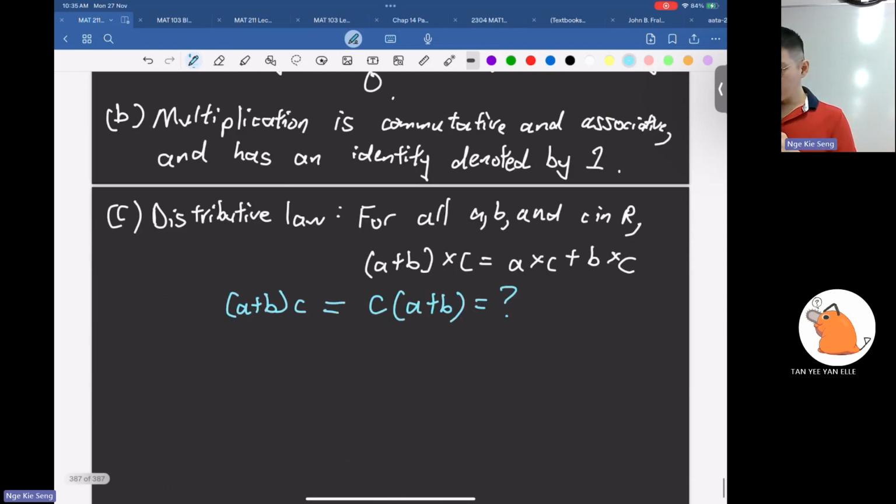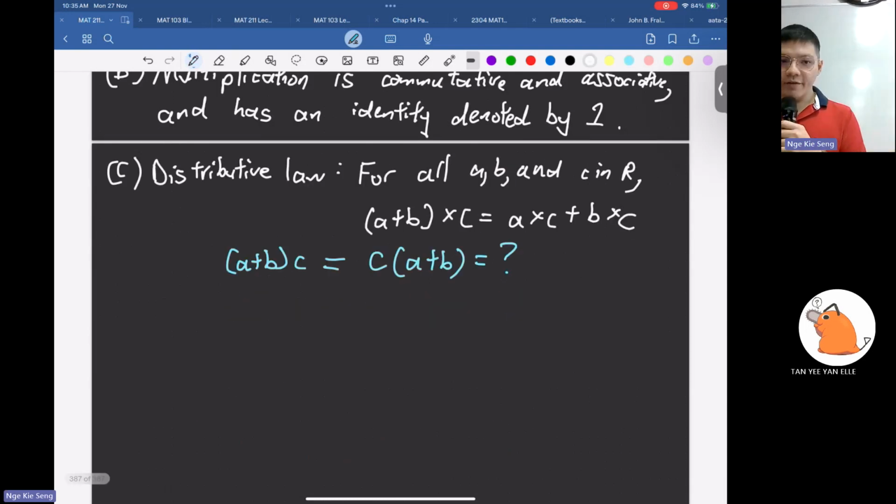So similarly, if you have a group, you have a subgroup. So in a ring, we also have a subring. So what's a subring?